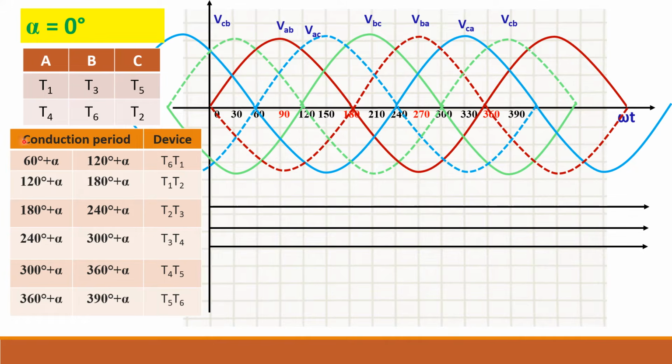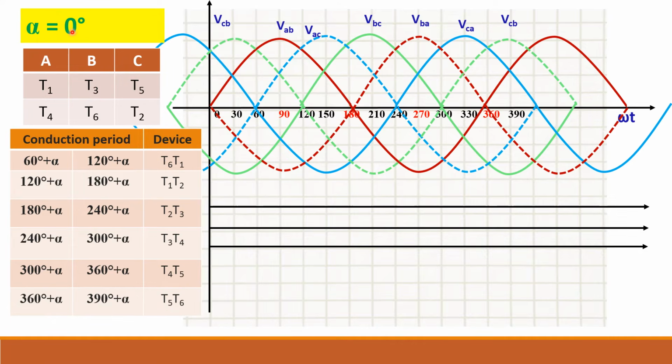Now let us make this table, the conduction table. First write this sequence: T1 T6, T1 T2, T2 T3, T3 T4, T4 T5, T5 T6. So write this sequence, then find the time period. I have told that 60 is taken as reference, so 60 plus alpha.